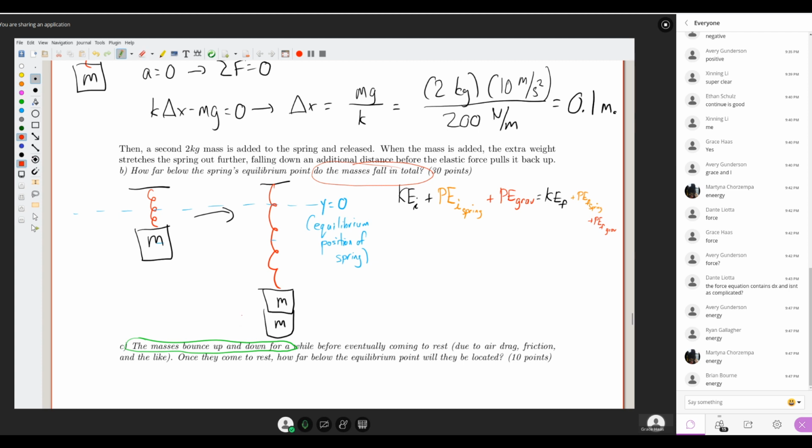But tell me about these terms that I've written down. Do I know any of those? Initial kinetic energy is 0. Yep. Is anything else here 0? There's one other term that is 0.